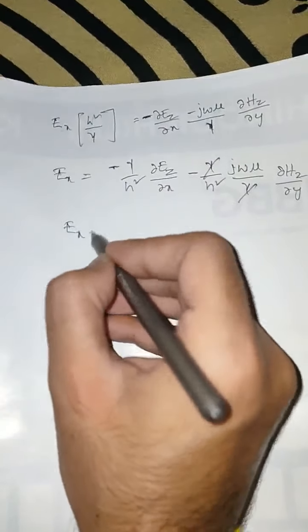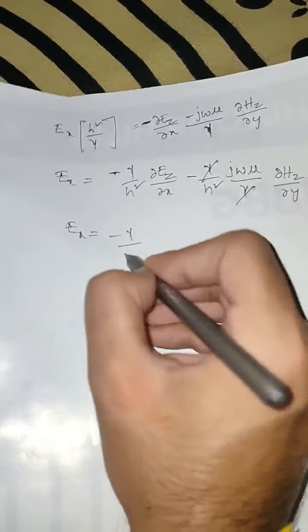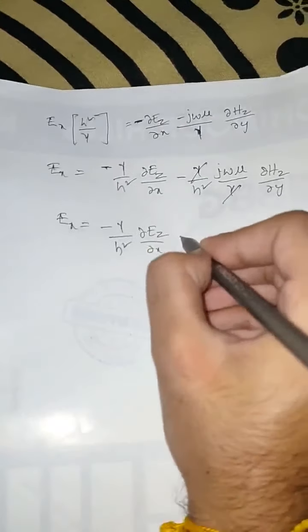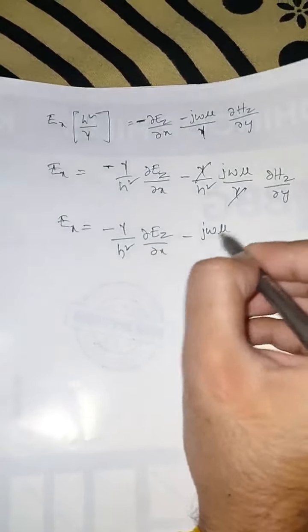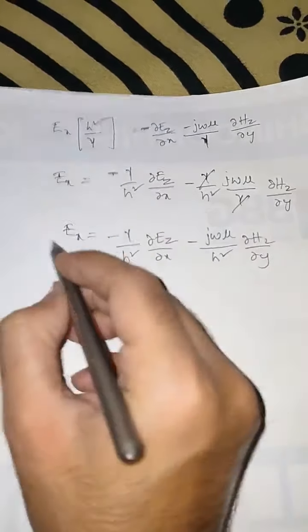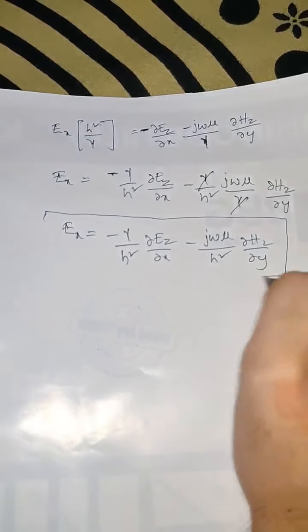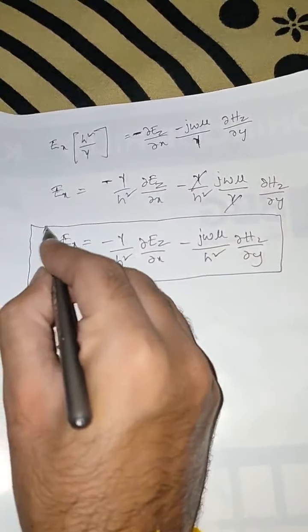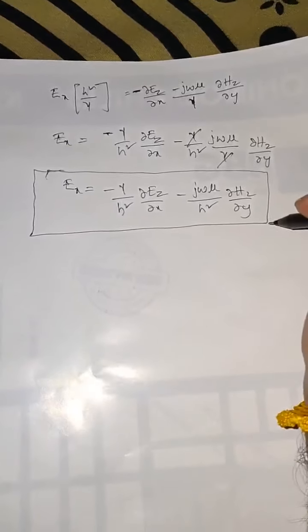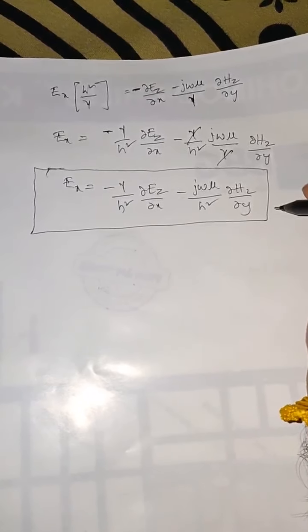So the ex value is obtained as minus gamma by h square dou Ez by dou x minus j omega mu by h square dou hz by dou y. So this is the final solution for the ex value. In the same way you have to do it for the hx value, ey value and hy value.